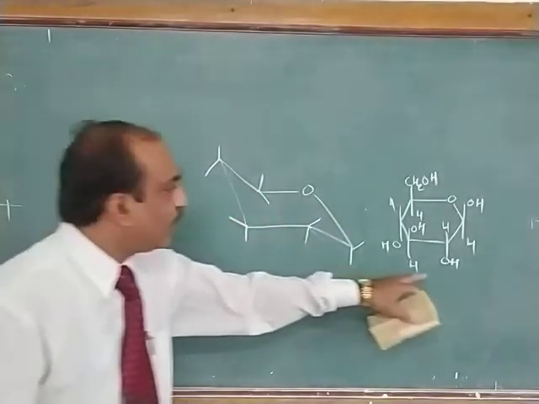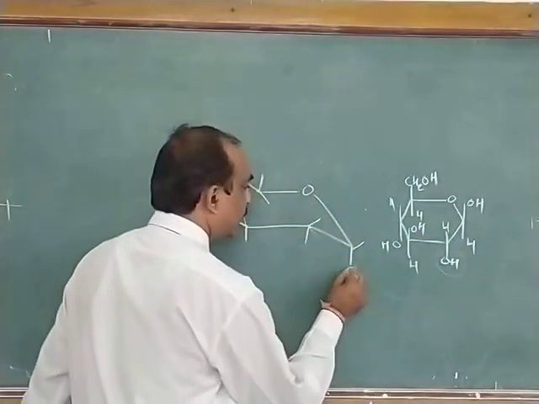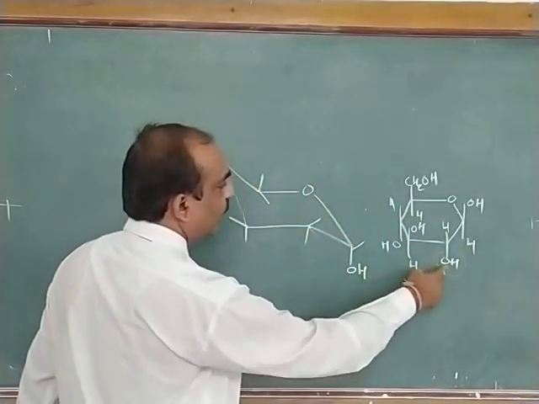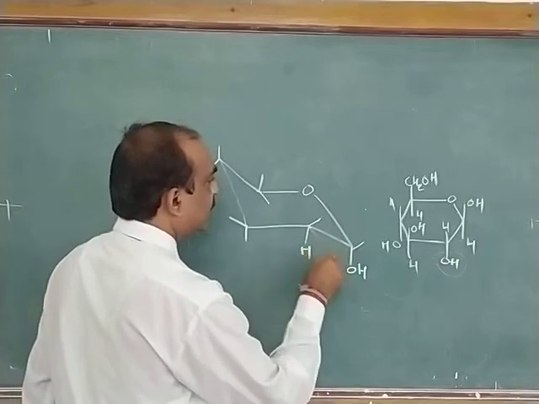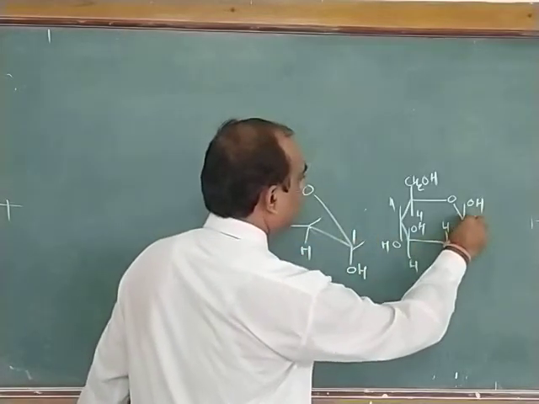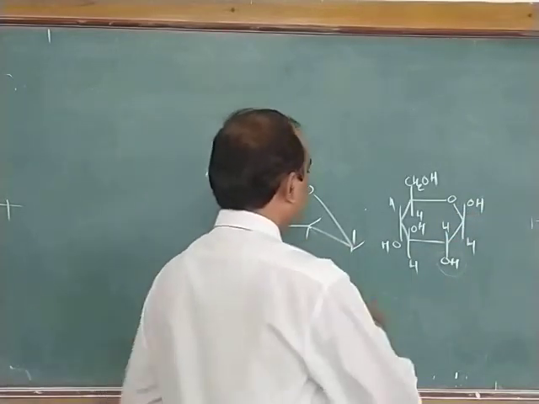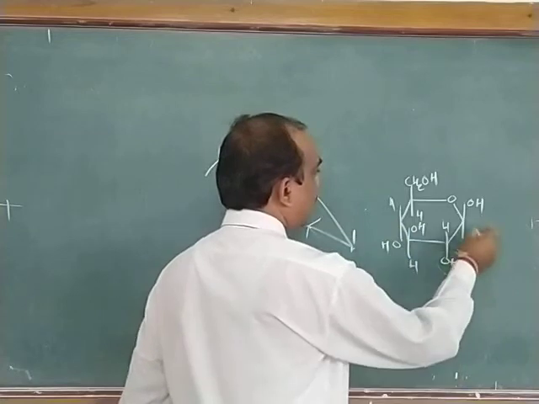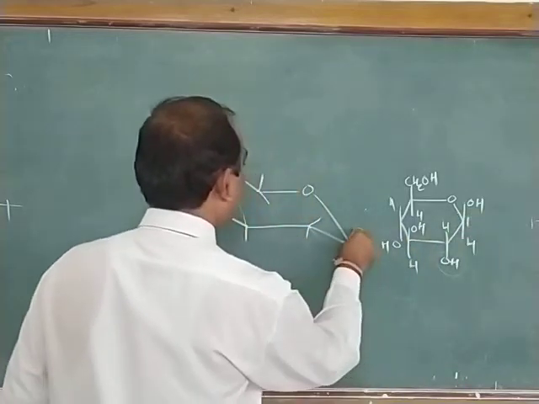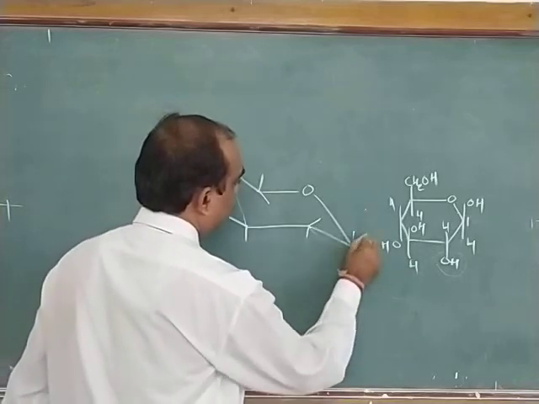So these are the two substituents on each carbon. Okay, so whatever the substituents are on the downside, always represent them facing down. Okay, this is OH, this is H, this is carbon number 1. Okay, one moment. This is carbon number 1. This is equatorial, axial.